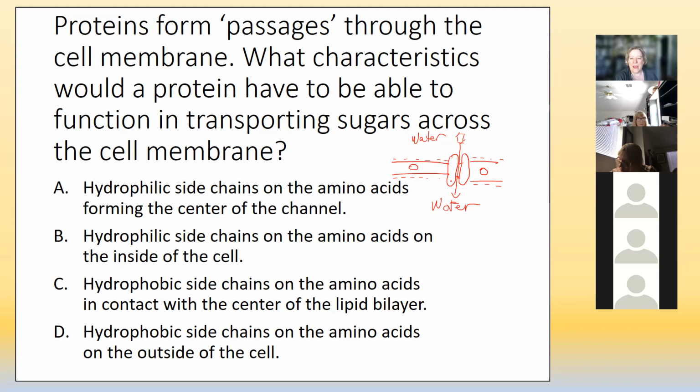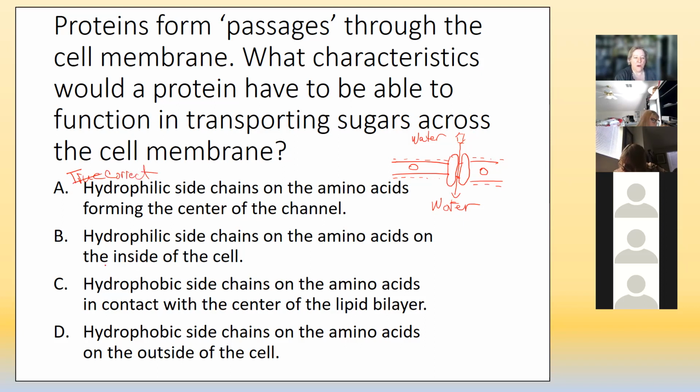Do I have to be hydrophilic through here? The answer is yes. If they're hydrophobic, sugar is not going to go through there, because the hydrophobic side chains are going to keep the sugar out. So this is a true statement. This is correct.